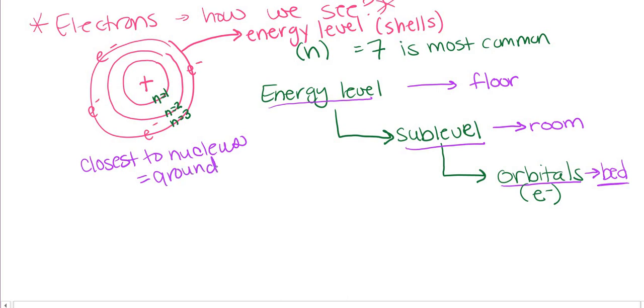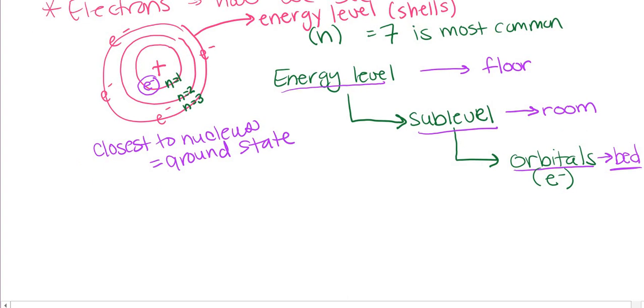That is the lowest energy level that the electron is going to occupy, the energy level closest to the nucleus that the electron naturally occupies. For example, right here, this electron's in the ground state, n equals 1. That's the lowest energy level that electron will occupy.